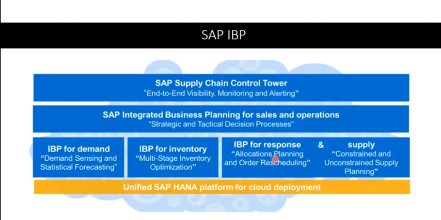The GATP functionalities have moved to S4 HANA, which is called AATP nowadays. In IBP we can perform the basic ATP, not the advanced level ATP. Since it was more of an execution part, it was moved to S4 HANA. Here in response we can just perform the planning part.